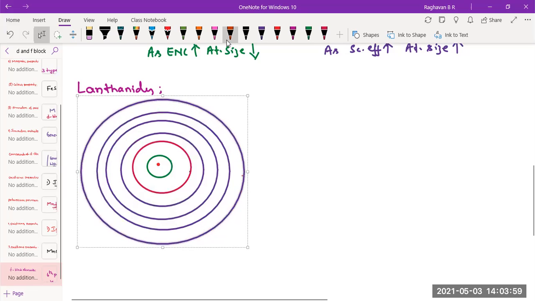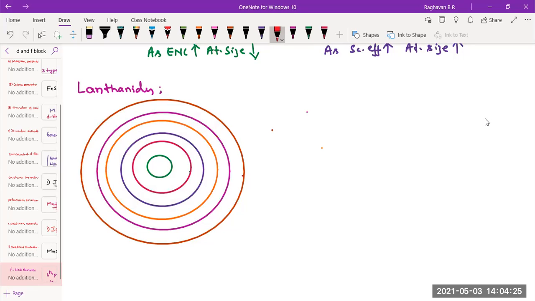Six shells. By the time we reach the 6th period, 6s would be filled.